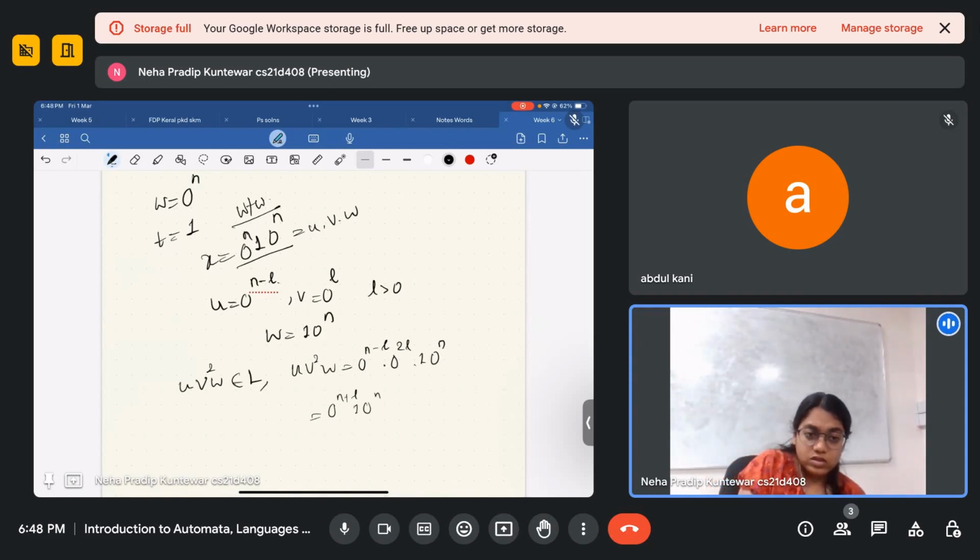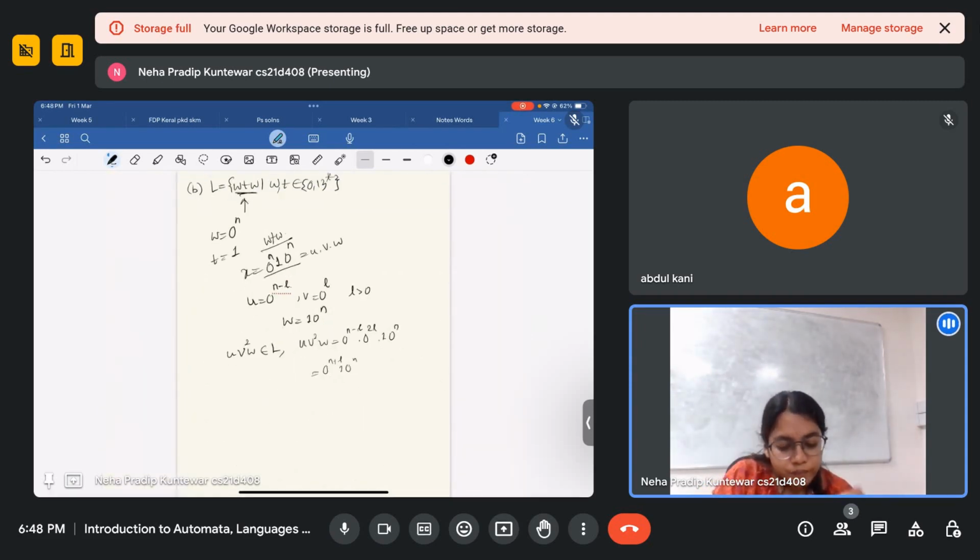Again using the same argument, you can see that the string on the left of T and the string to the right of T are clearly different. So this is not of the form WTW, and hence it is not in L. It's basically the same idea, even though the string we have written here is not a palindrome.